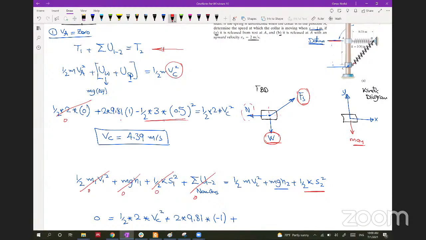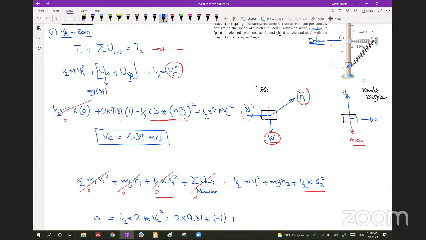But if we are considering the spring as an energy and we put a term on the left side and a term on the right side, then the spring always has positive energy. So this will not be negative. This will be positive. And I will prove to you both of the solutions are the same.